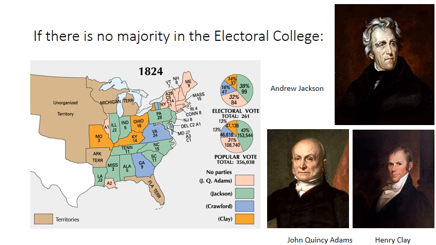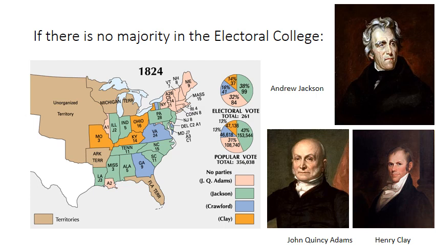So what if there's no majority in the Electoral College? In 1824, we did clearly have that result. What happened here is there were 4 candidates who ran for president and got at least some portion of the electoral vote: Andrew Jackson, John Quincy Adams, Henry Clay, and a 4th guy named Crawford from Georgia.